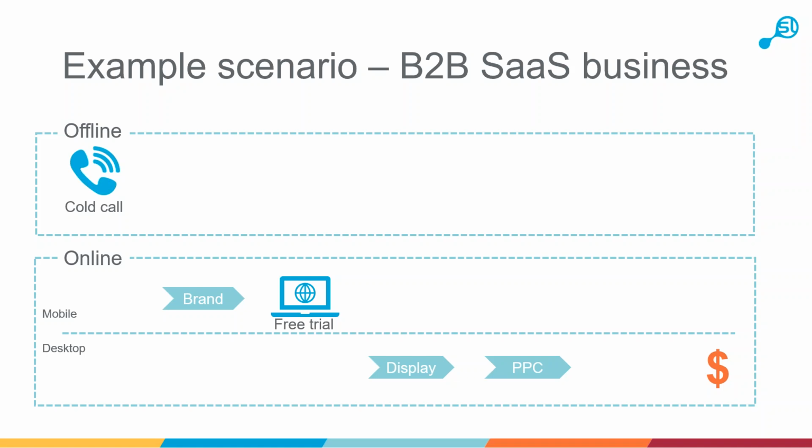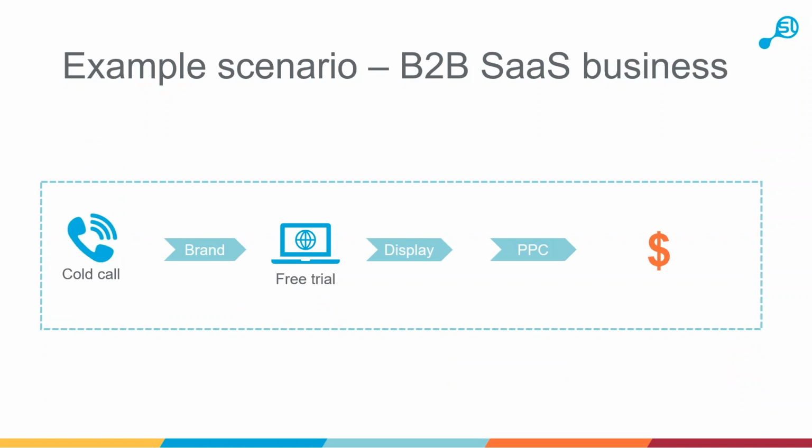They might come on a different device and then be served ads in other contexts, and then purchase the software on their desktop. But using the user ID, we can join all of these touch points up to understand that their initial interaction was a cold call, and the rest of the interactions as well.